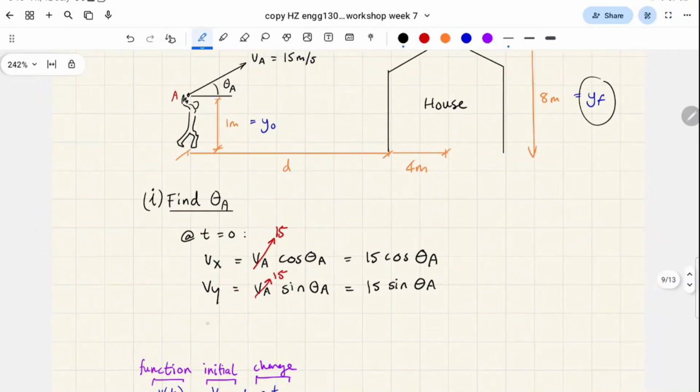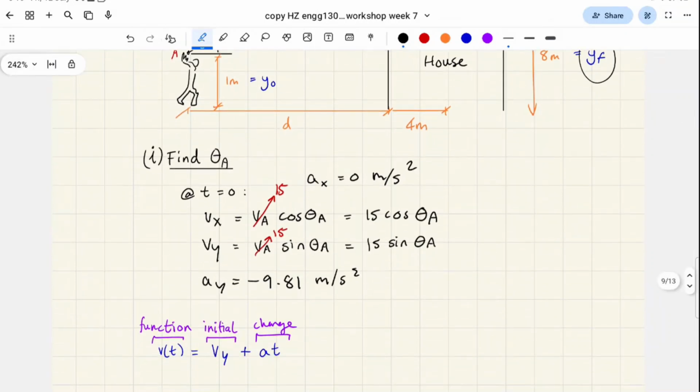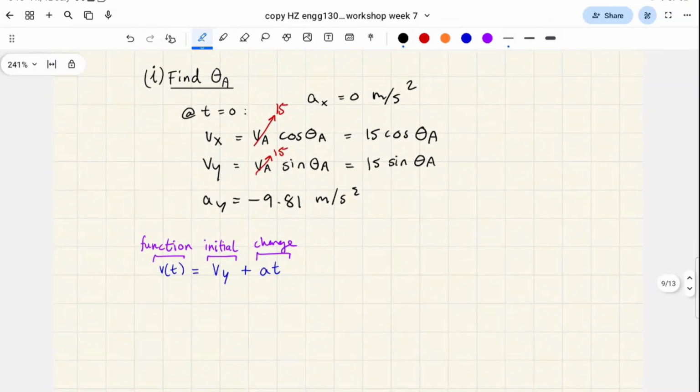We also know that our acceleration in the y direction is negative 9.81 meters per second squared. I can also write that the acceleration in the x direction is 0, but you don't have to write that because it's implied. Okay.